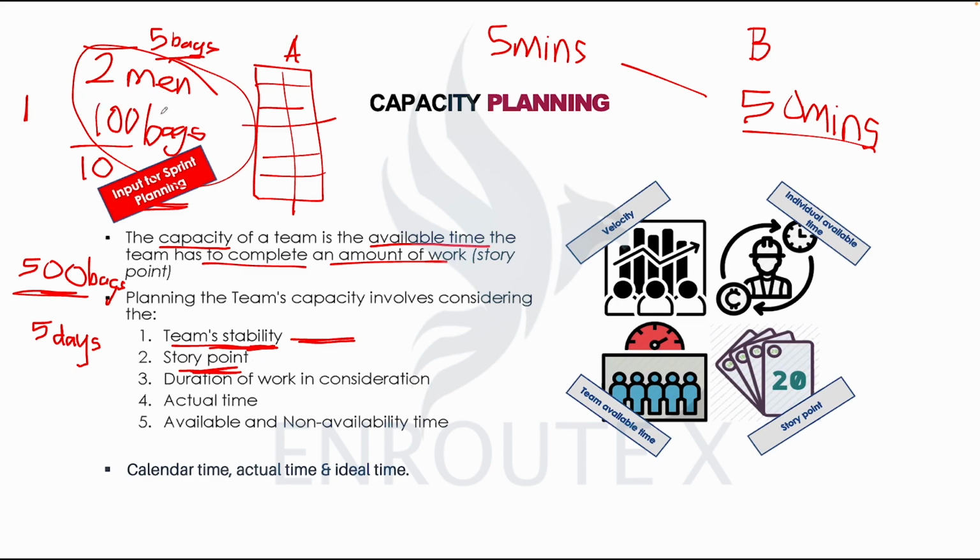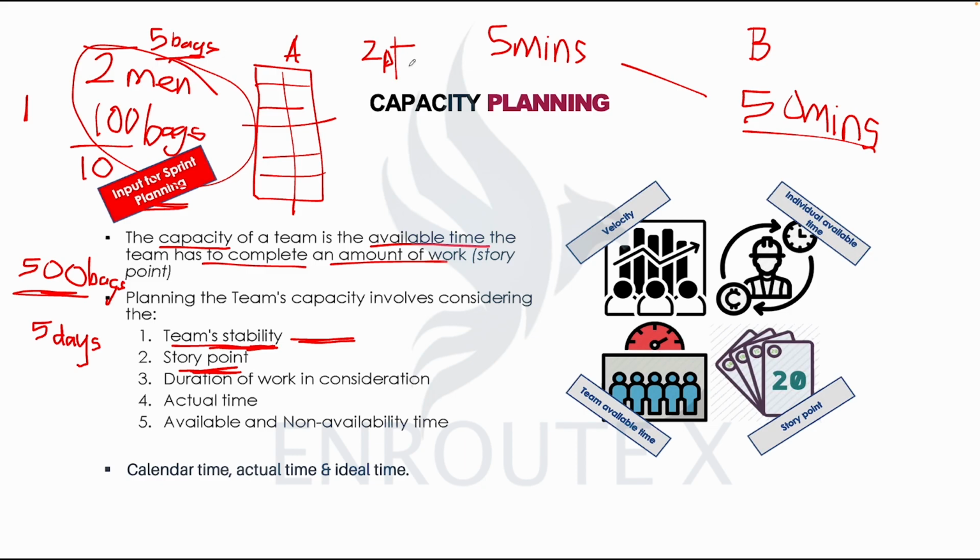We could assume that each day's work for these two men equates to 2 points based on different indices, which could be the volume of work, the certainty, the complexity, what again?